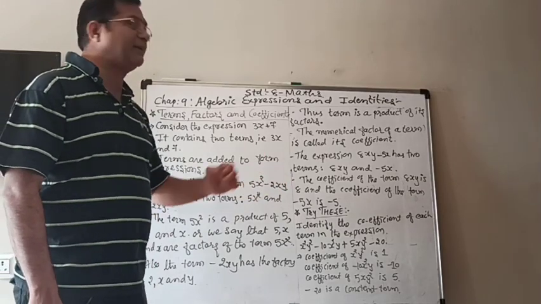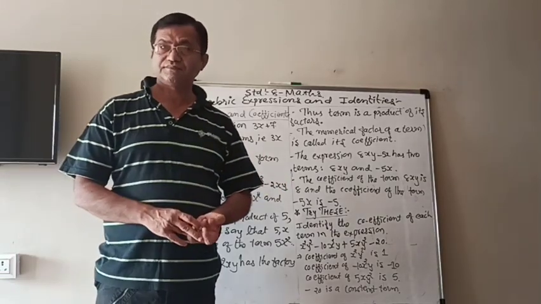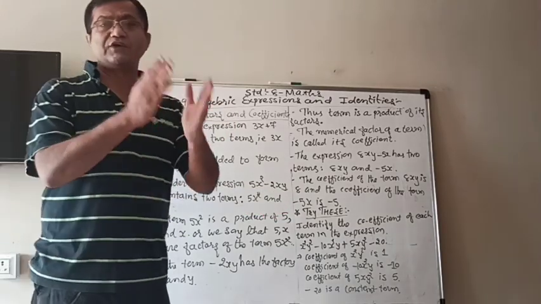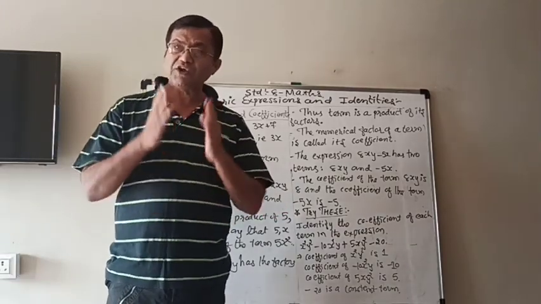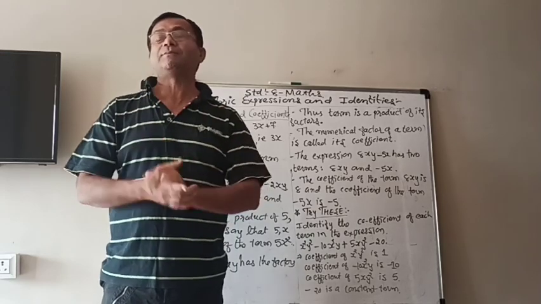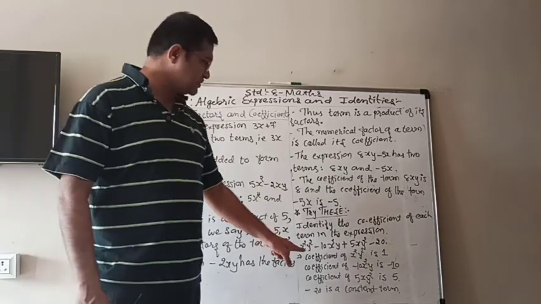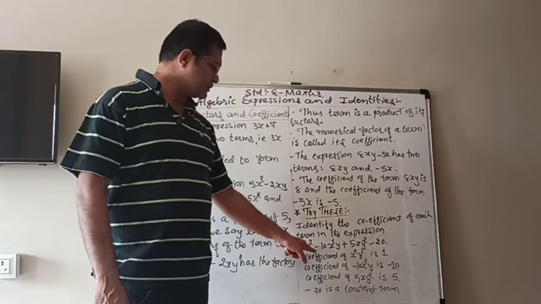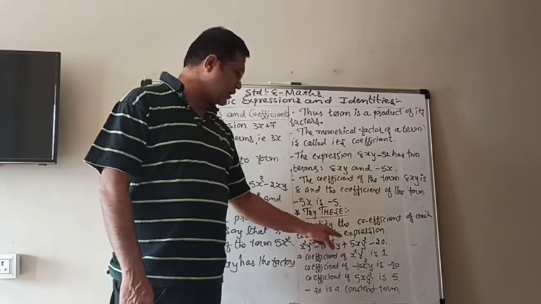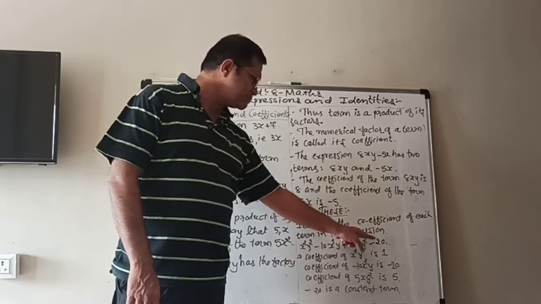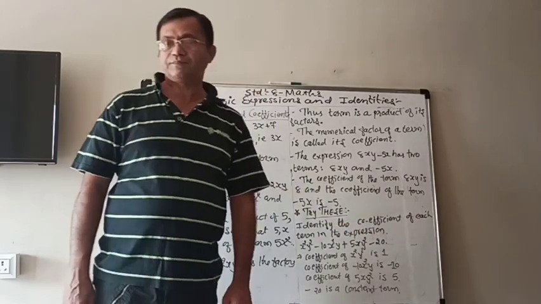Let us take an example in the try this. In this, an expression is given. We have to write down coefficients of each term. What is the expression? Expression is x square y square minus 10x square y plus 5xy square minus 20.